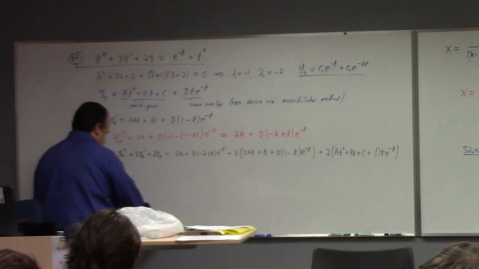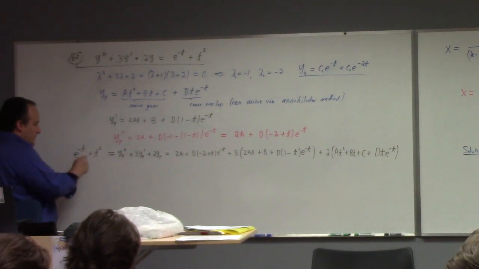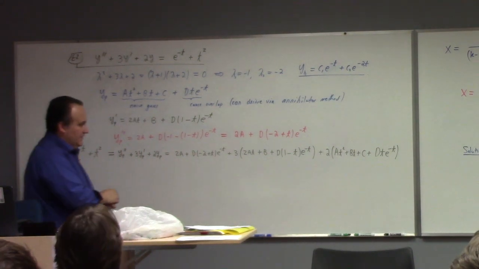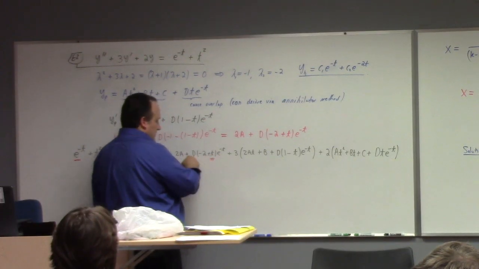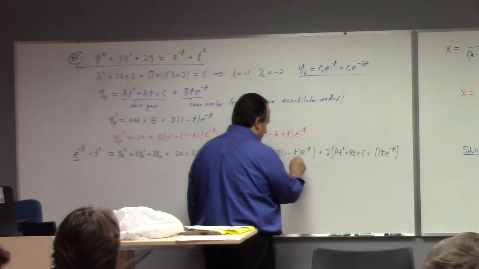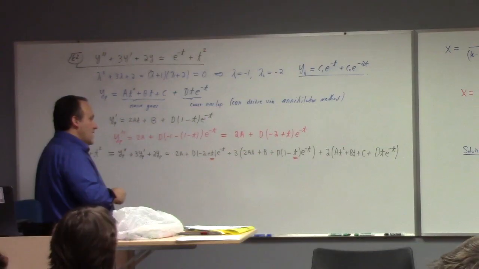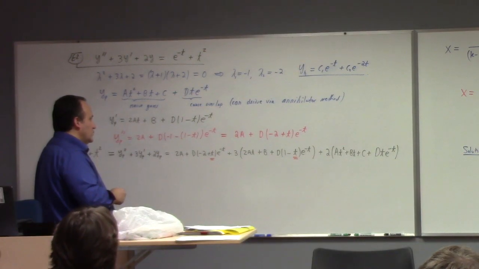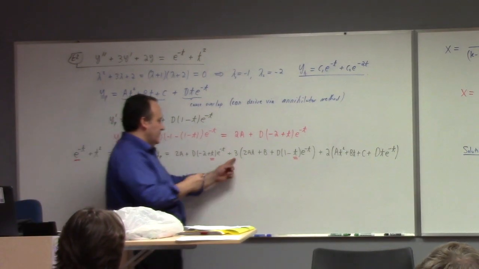So let us focus our gaze upon the exponential piece. We've got an e to the minus t over here, right? I've got a tD e to the minus t, right? But I've also got a minus Dt e to the minus t, right? Oh, I can't do math. But there's a 3 here, right?